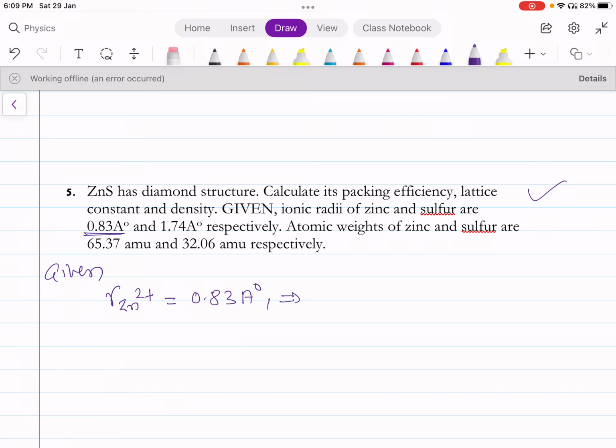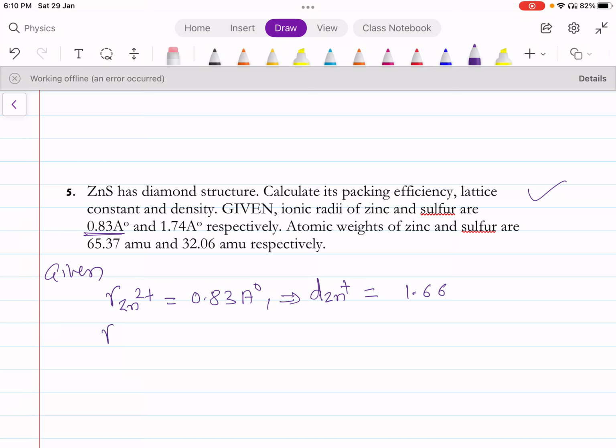And so diameter of zinc is equal to 1.66.